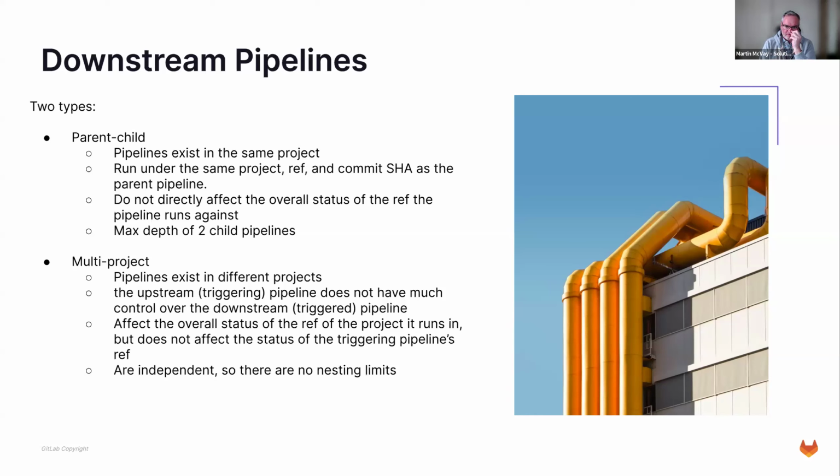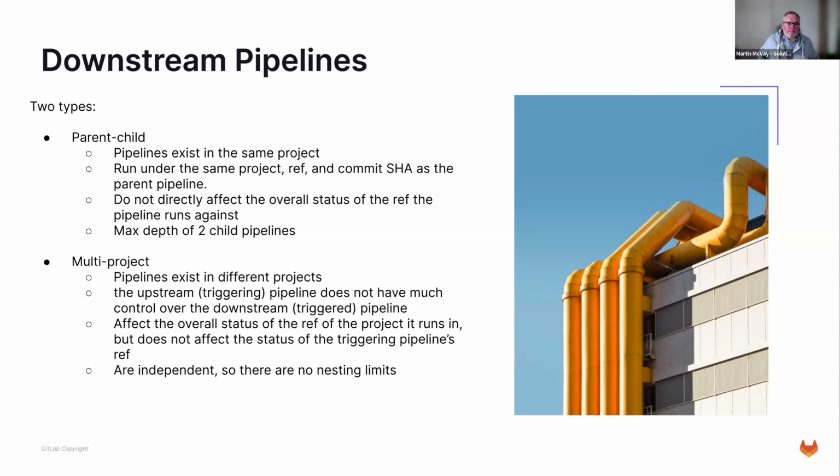Now the rules here really are around triggering other pipelines. In parent-child, there was much more a case of moving context and passing our context to our child pipeline. In multi-project, think more in terms of these being black box things that we talk to. We don't really pass much information about where the pipeline is called from. It is possible to configure some attributes that drive that behavior, but by default, the multi-project pipeline doesn't have an awful lot of information about where it's being called from.